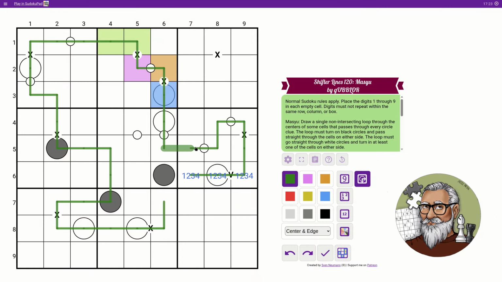Right? Yeah, no, there is no other way. And then I have to connect these. Okay. Well, unless I've missed something, I have the loop, which is quite something. That's good. How do I continue?